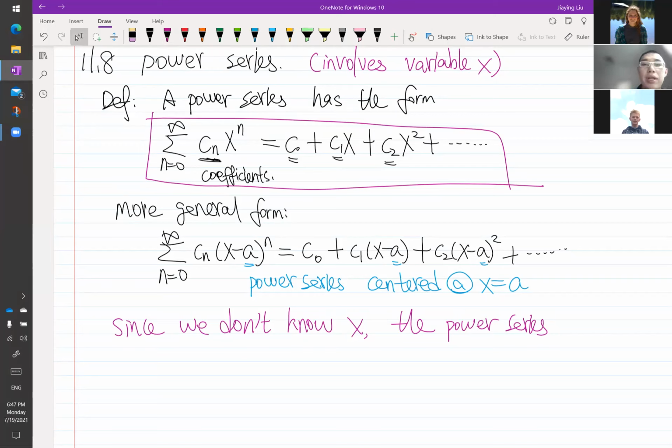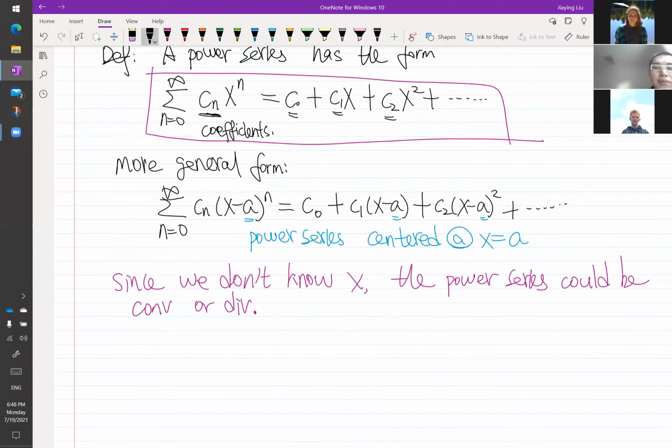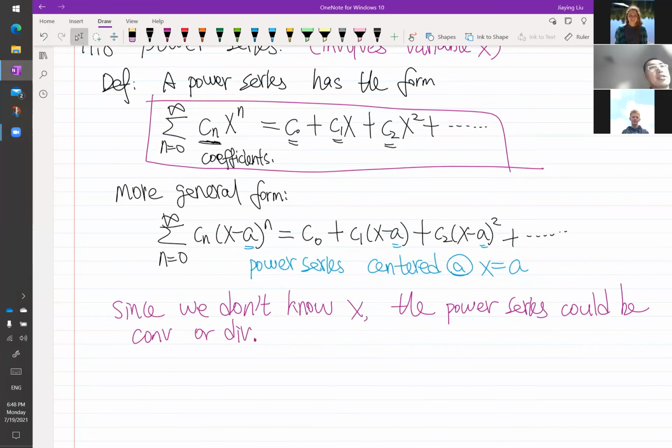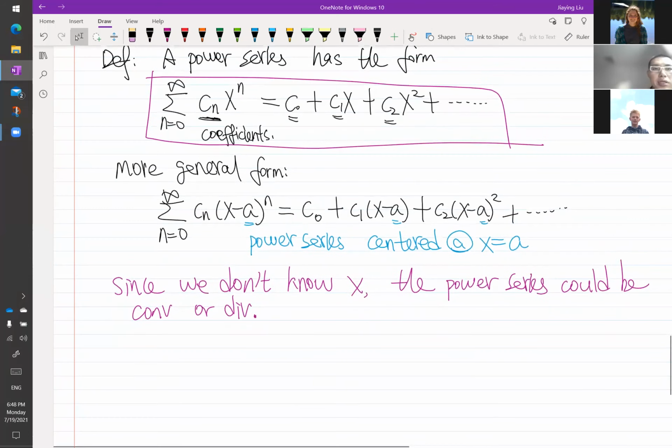That's divergent. But if we have x equals 1/3, you might get something that's convergent. So a power series could be convergent or divergent. It depends on x. So if you're seeing a power series without knowing what x is, you pretty much don't know whether it's convergent or divergent. So that's a power series.